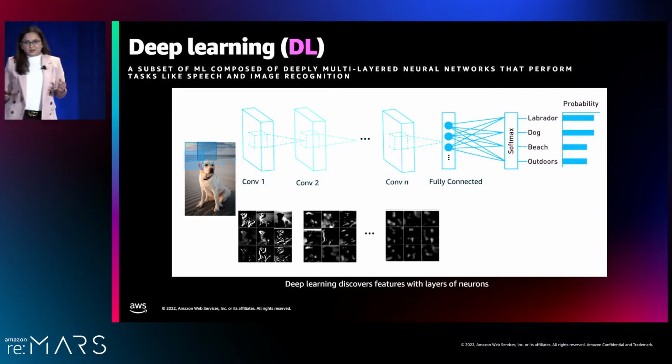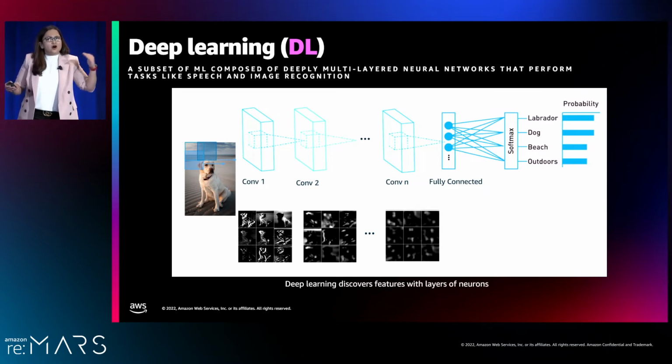Now let's take an example on the screen here. On the extreme left, what you see is a pet, a dog, right? We are trying to feed that system through a bunch of layers. We call it a convolutional neural network. The output of that, as you traverse through the architecture on the right-hand side, is that we are trying to determine whether that specific picture is a dog, a beach, or an outdoor.